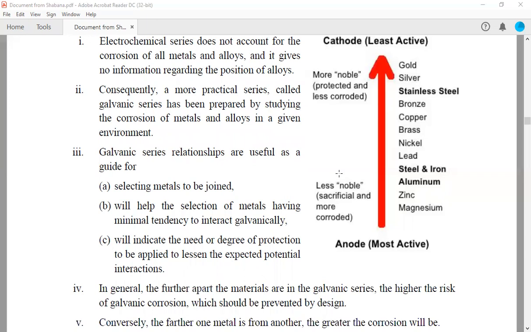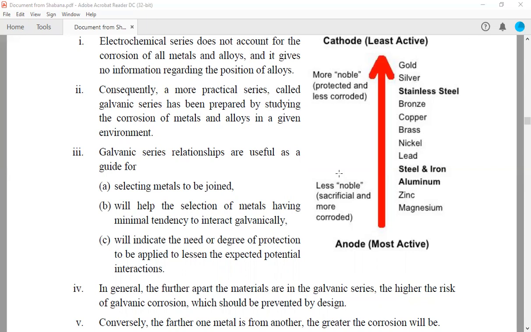Hence, the oxidation potentials of the various metals and alloys commonly used are measured by using a standard calomel electrode, which is considered as a reference electrode, and immersing the metals and alloys in seawater. When those oxidation potentials are arranged in the decreasing order of activity, a series of metals arises.